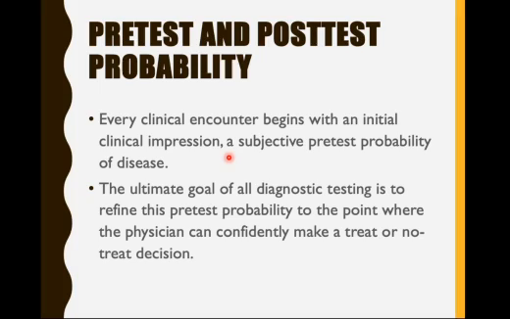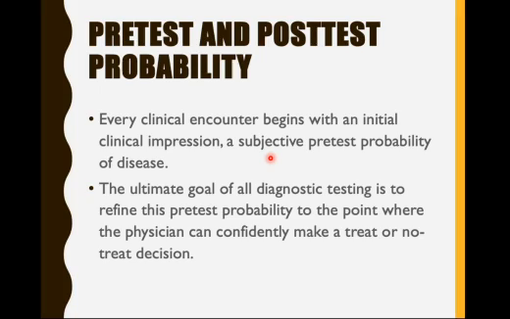And we call that initial clinical impression the subjective pre-test probability of a disease. Why is it called subjective? It is called subjective because it is just based on the subjective assessment of the physician, based on history and physical examination.